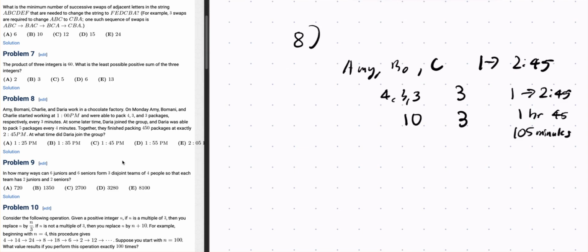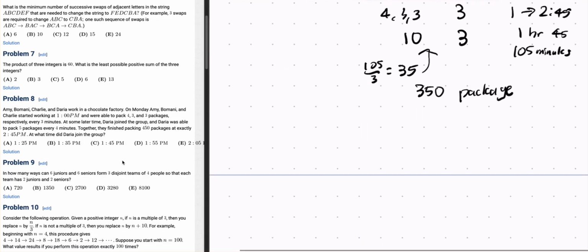And so if we divide 105 by 3, that gives us a total of 35 times, and then we multiply it by 10, which is 350. So there's 350 packages only by Amy, Bomani, and Charlie. And now we do 450 minus 350, which is 100 packages that Daria needed to pack.